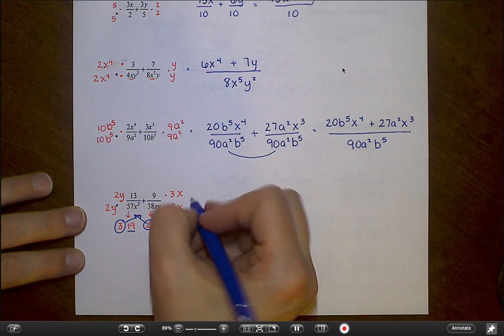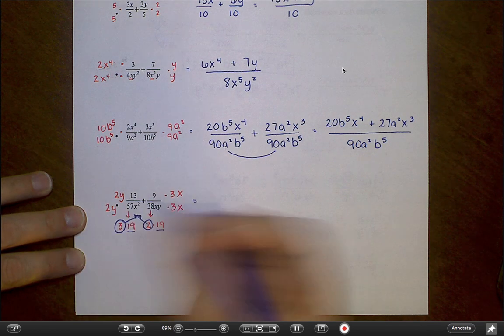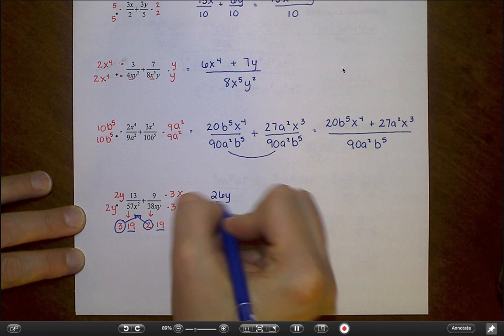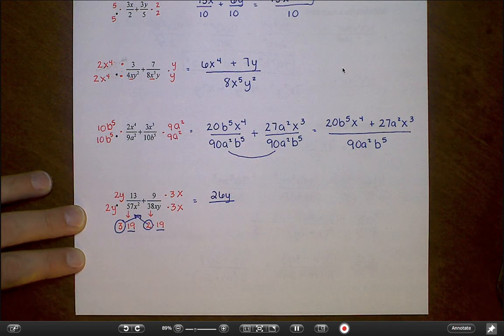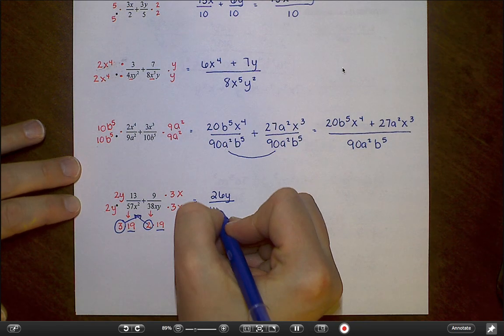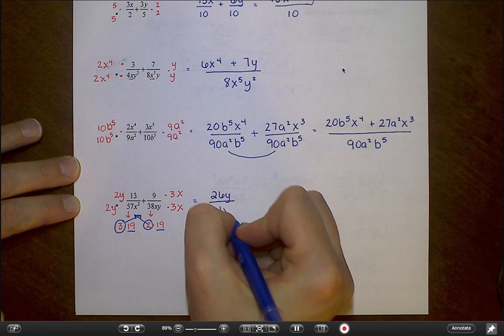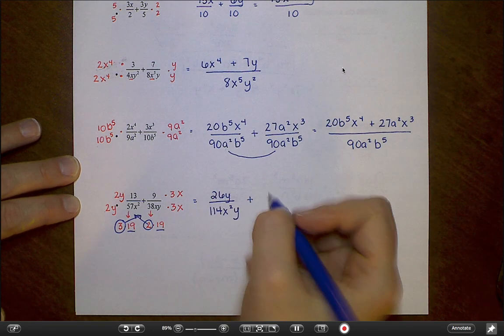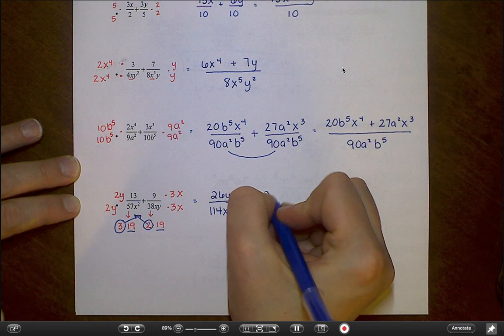So on the top of the first fraction, 2y times 13 is 26y. On the bottom, 2 times 57, let's see, that's 114. And then we have x squared y plus 9 times 3 is 27.